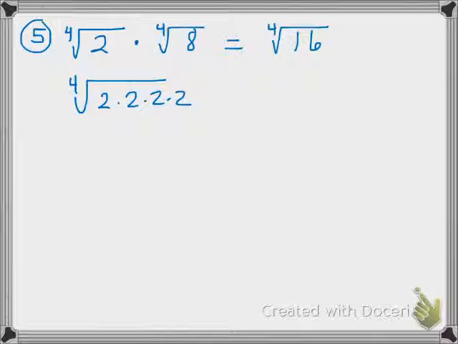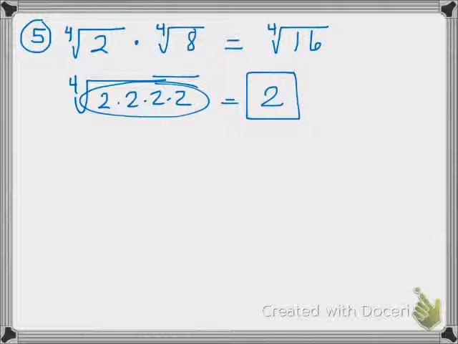When you look at this, I'm looking for a group of what? What's the number outside of the radical? It's a 4. So I'm looking for a group of 4, and I only have 1. That means I take out a 2. Is there anything left over inside? No. So this would be my final answer.